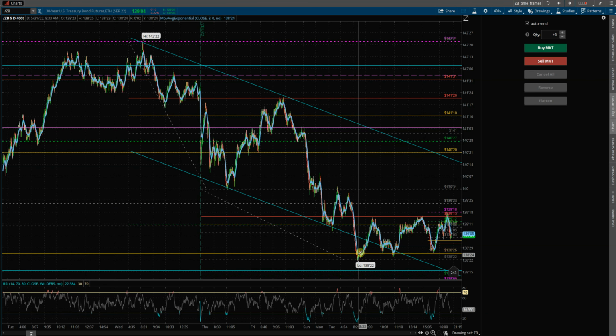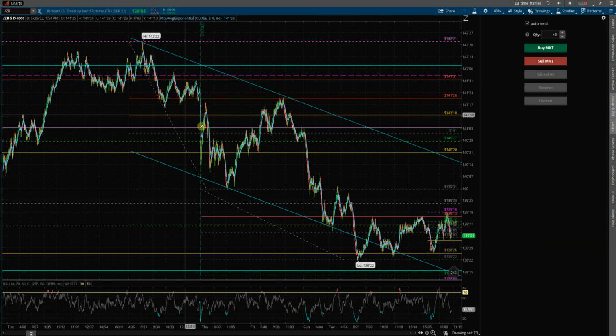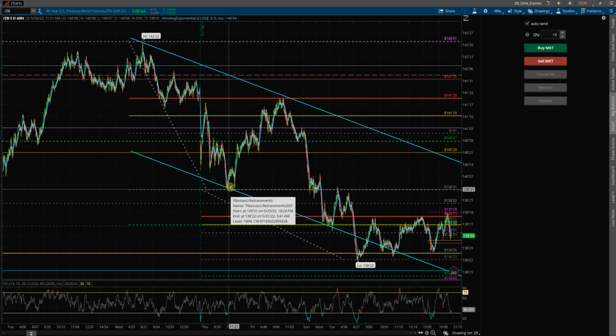However, since then we've been in this range down here, and I think what's acting as resistance is the lows to lows extension off the bottom of this first wave down.